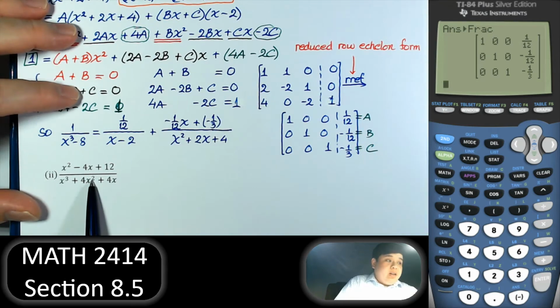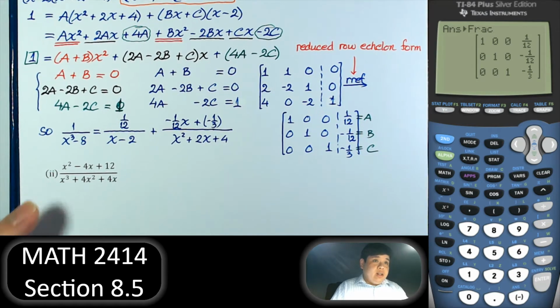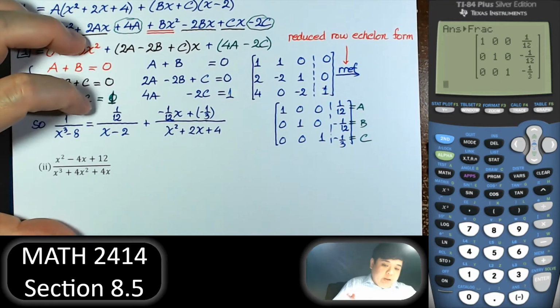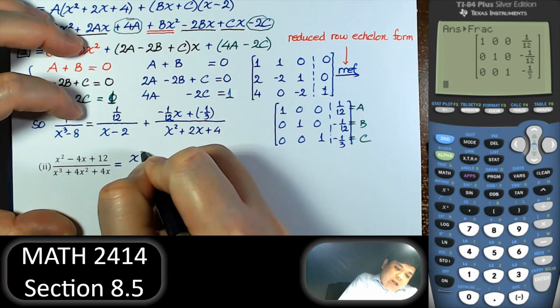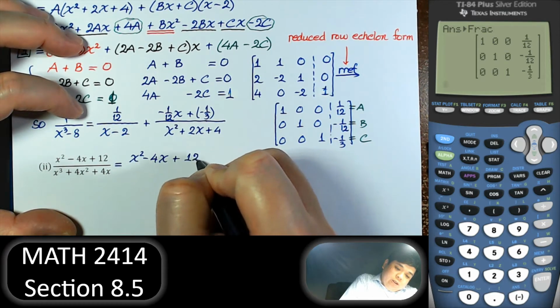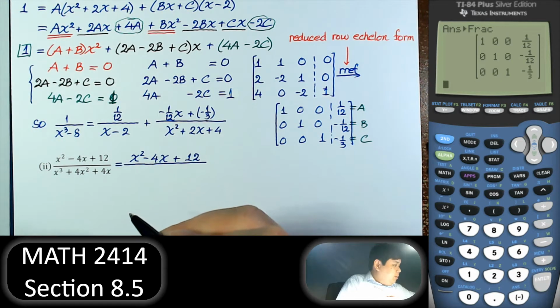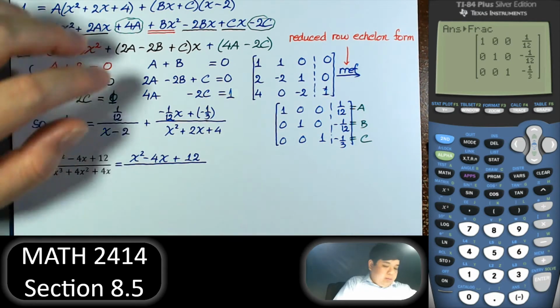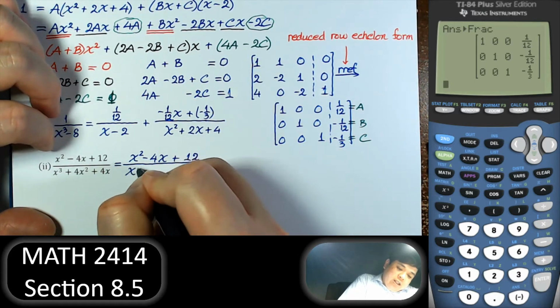Before we go any further, we have to be able to factor this one first into irreducible factors. So the top, x squared minus 4x plus 12. The bottom, we can all factor out an x.